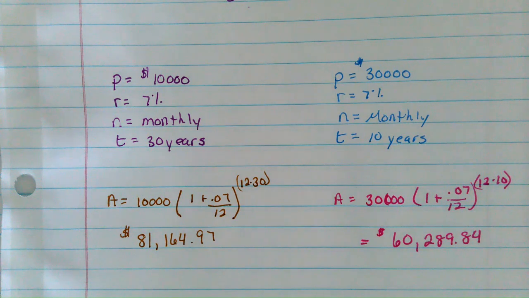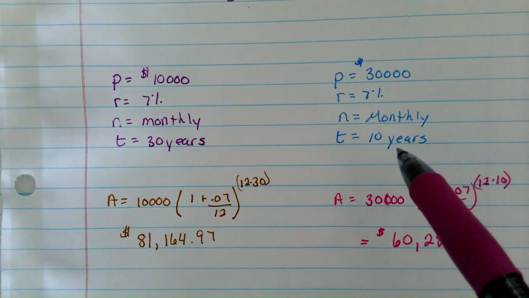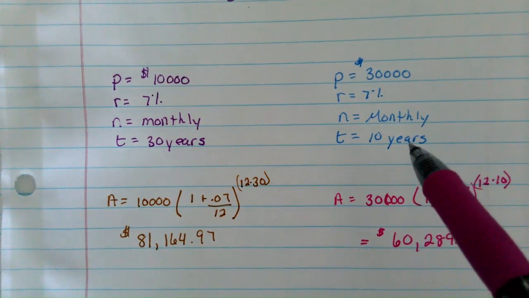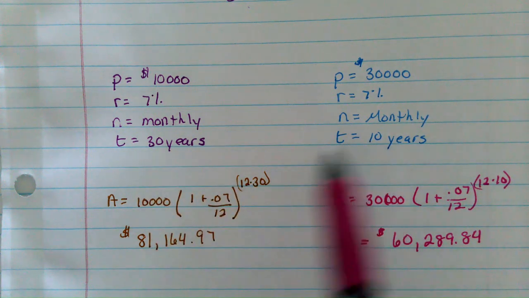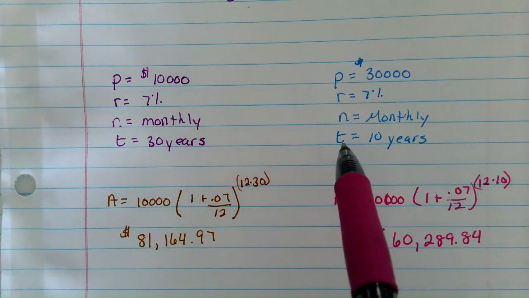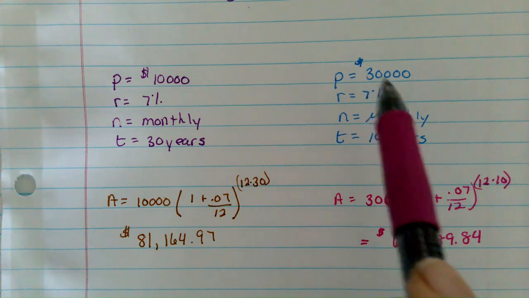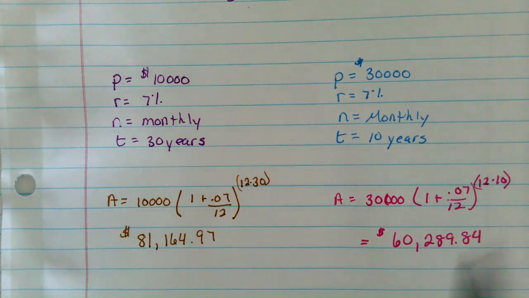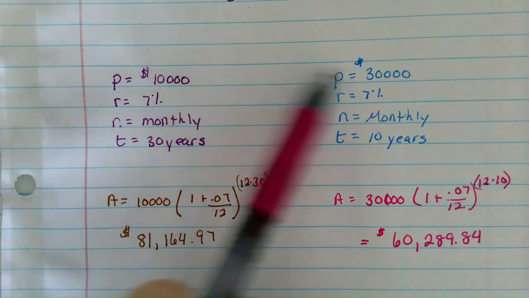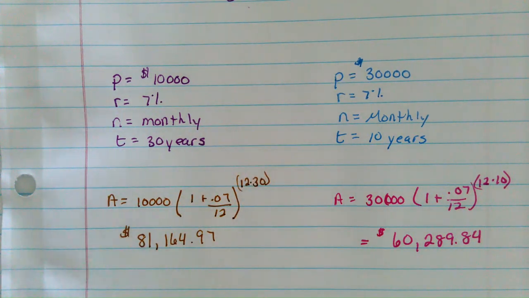I want you to keep this in mind when you start thinking about retirement, because let's say you start in your 40s planning for retirement, you miss out on 20 years of compounding interest. You're going to have to do more than triple the amount to make up for it in your retirement account. Because look at the imbalance here. This one started off lower, but look, it's already up higher.